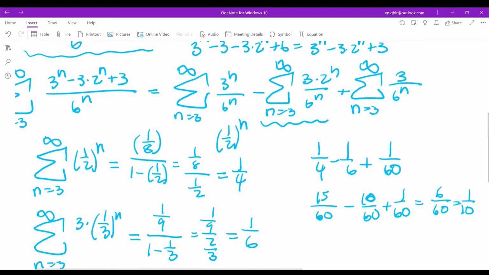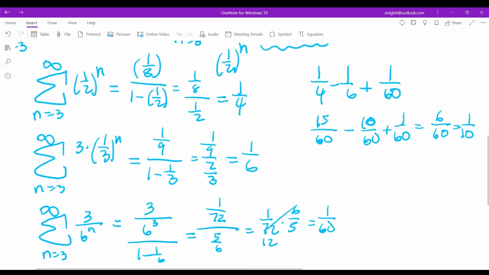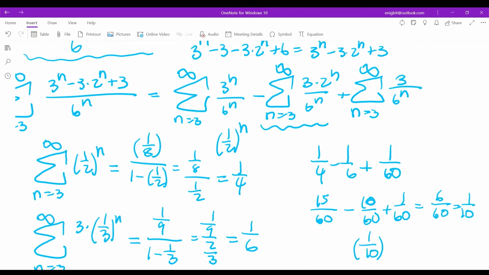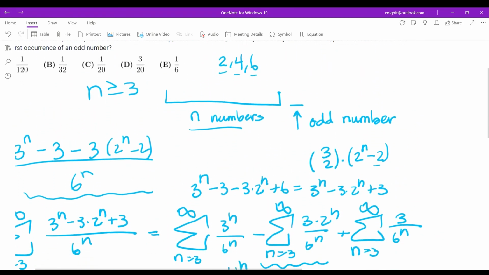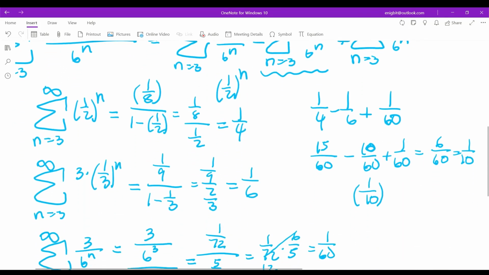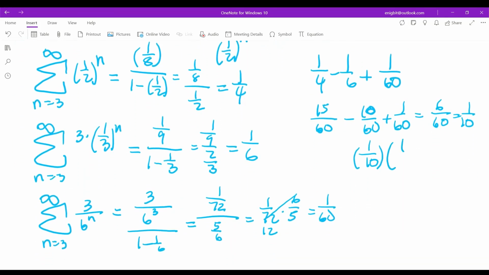So the value of this is 1/10, and remember that we have to multiply it by 1/2, because the last number has to be odd, and the probability that the last number is odd is 1/2. So your answer is going to be 1 over 20.